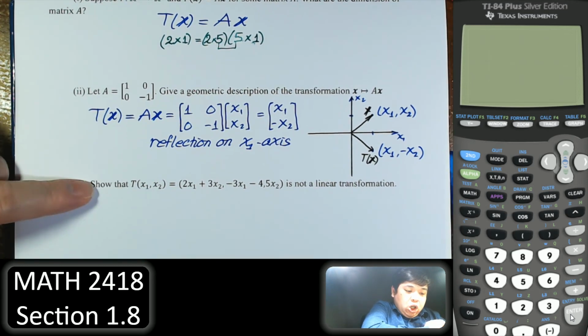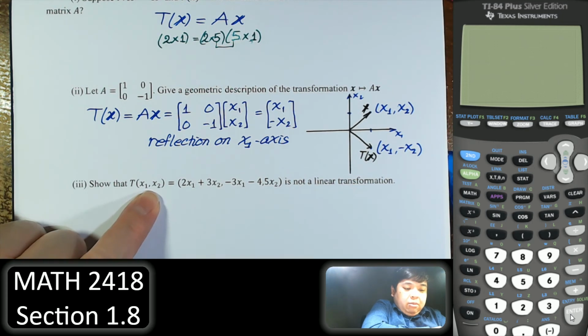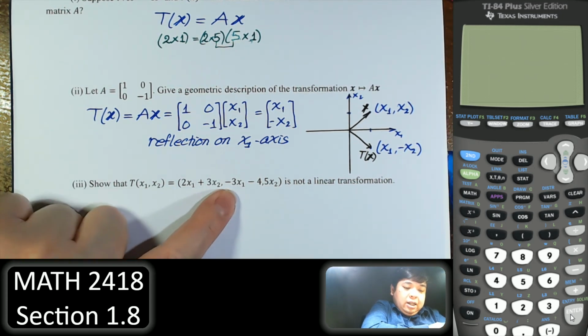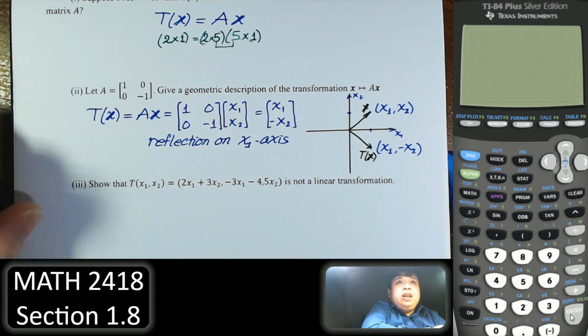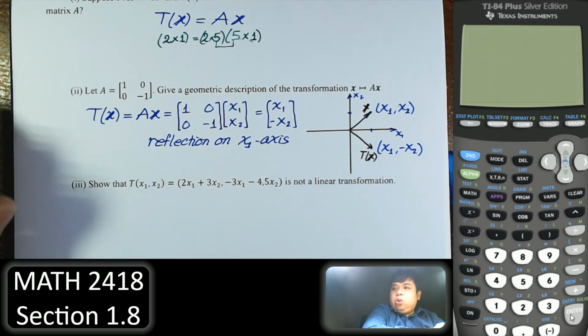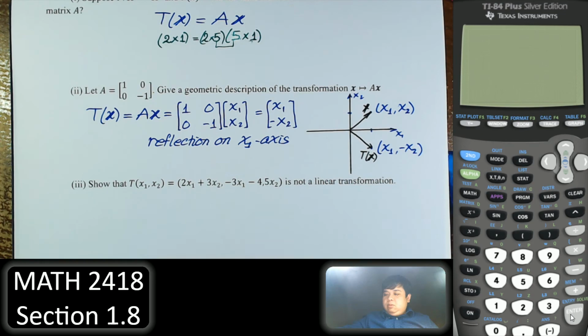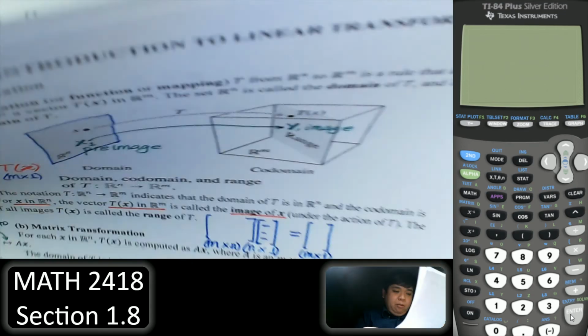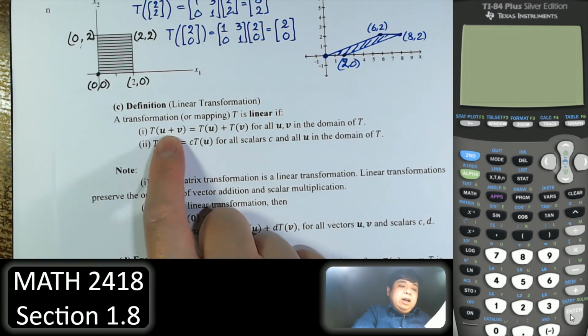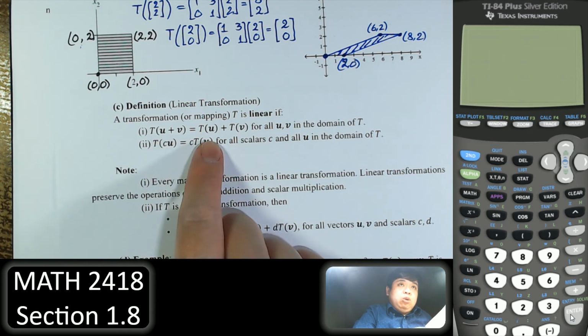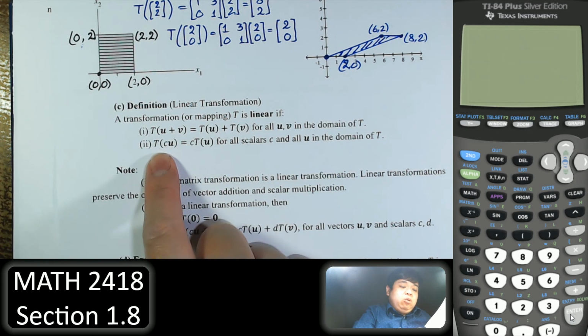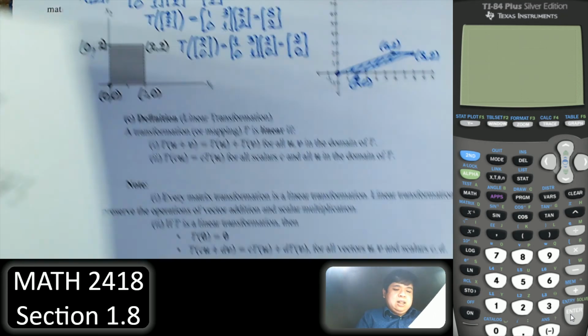Next, show that T, the transformation of x1, x2 given by this, is not a linear transformation. A linear transformation will have two properties. It transforms a sum into the sum of transformations, and it transforms a scalar multiplication into scalar multiplication of the transformation.